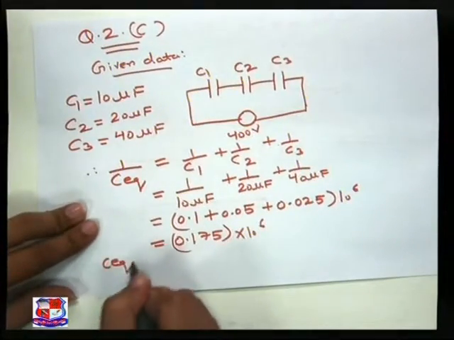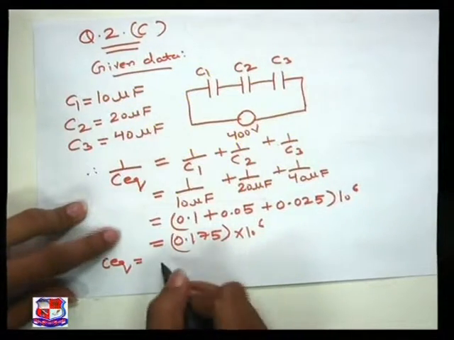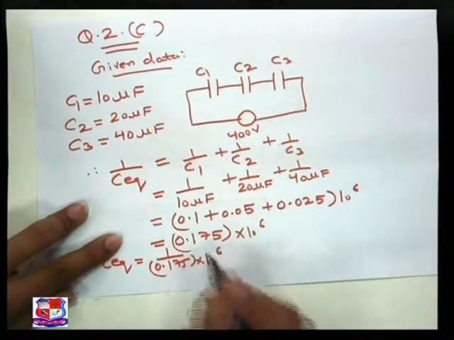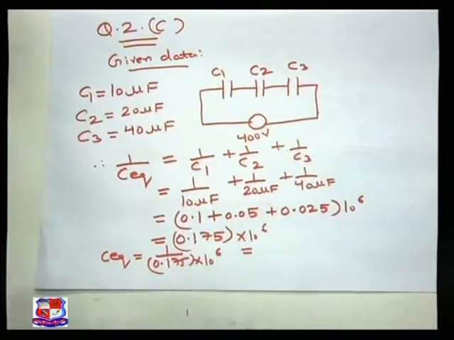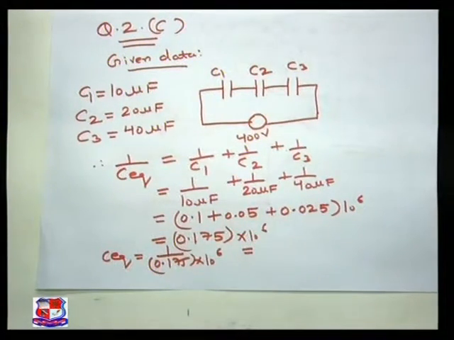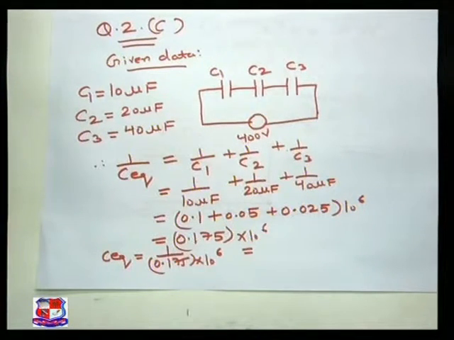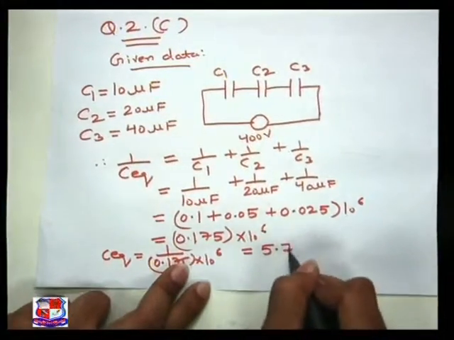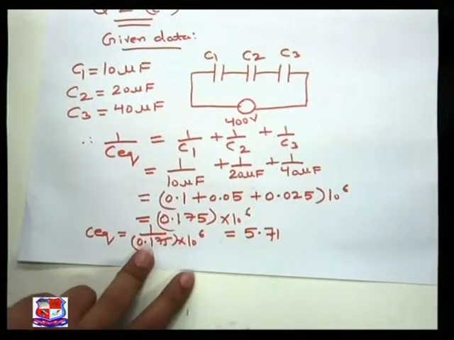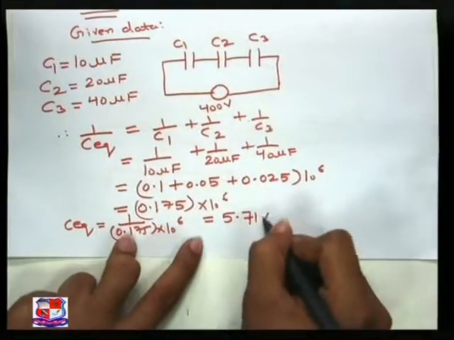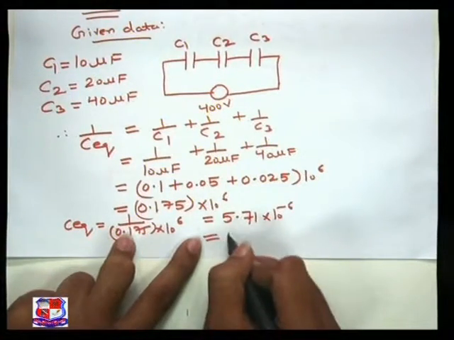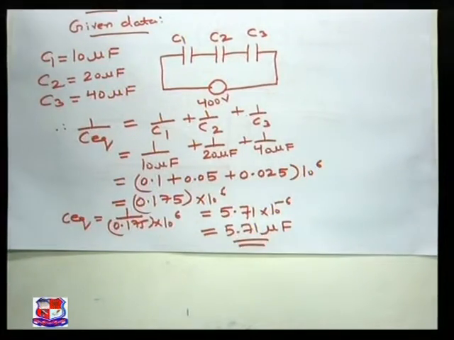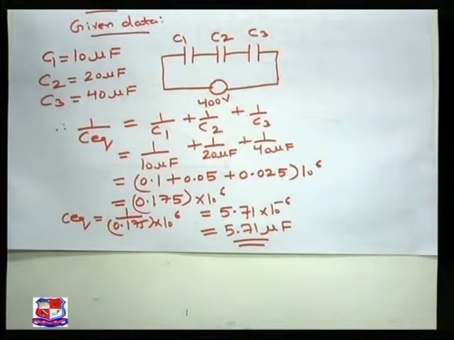So C equivalent you have to reverse: 1 divided by 0.175 into 10⁶. 1 divided by 0.175 is 5.71, and the 10⁶ in the denominator goes up to the numerator, so it will be 10⁻⁶, or you can write directly 5.71 microfarad. 10⁻³ is milli, then 10⁻⁶ is micro.